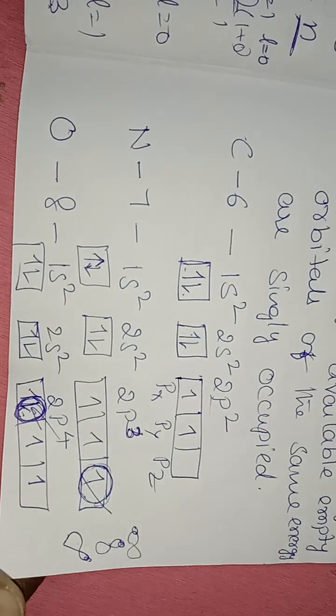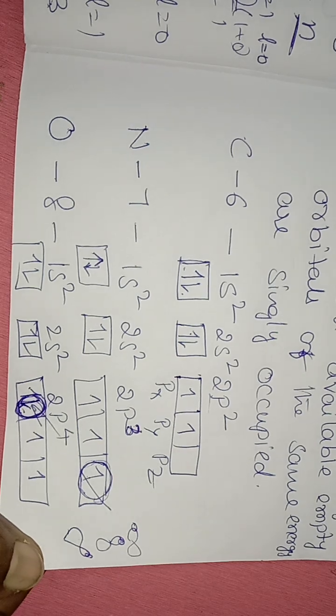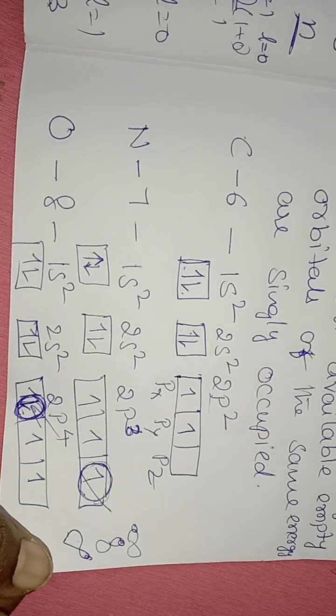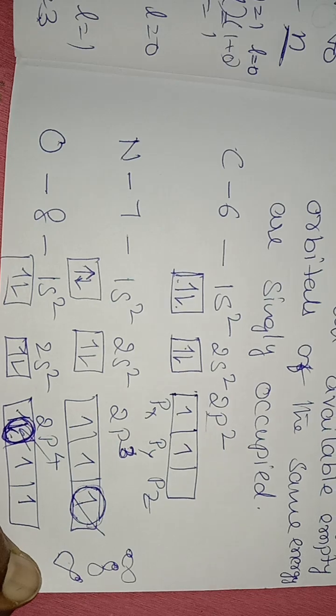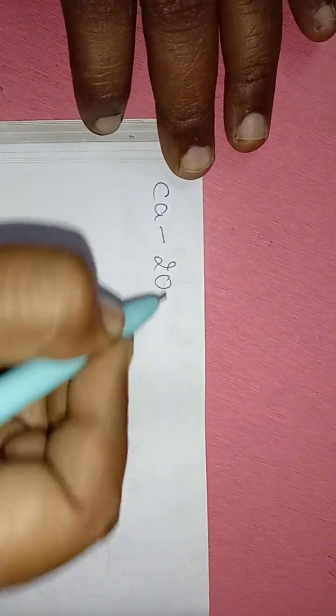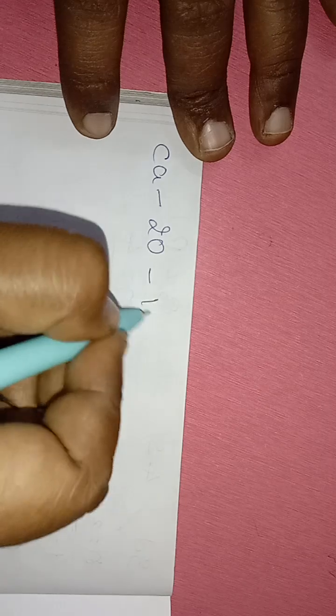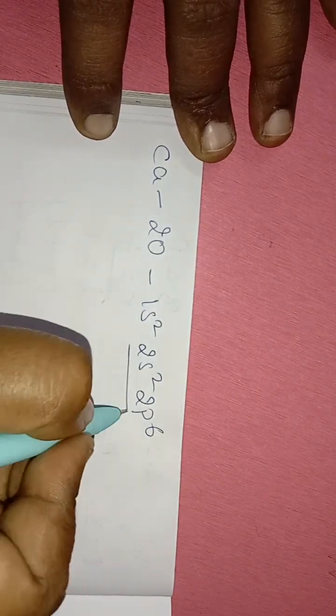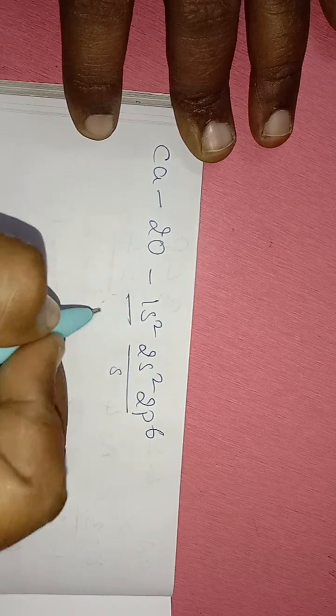Electronic configuration we can write for all the elements, even if we have atomic numbers of high order. Calcium's atomic number is 20, so we write 1s2, 2s2, 2p6. The second shell has only 8 electrons, the first has 2.